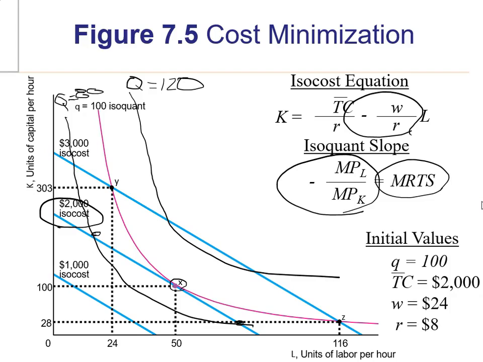So where these two slopes are equal, or where it's just tangent, that will be the cost minimization way of choosing the largest isoquant that you can afford by spending $2,000. This is the highest isoquant that's furthest from the origin, the tangency rule, here at point X. This is the cost minimization way for the firm.